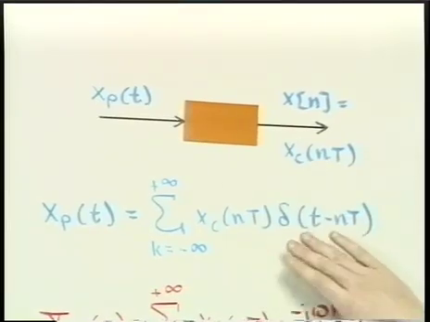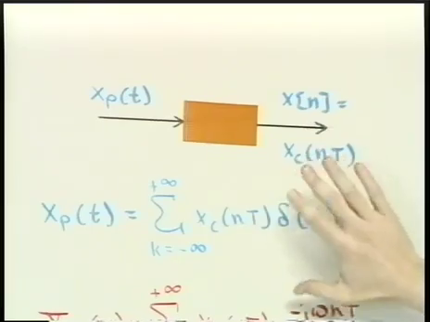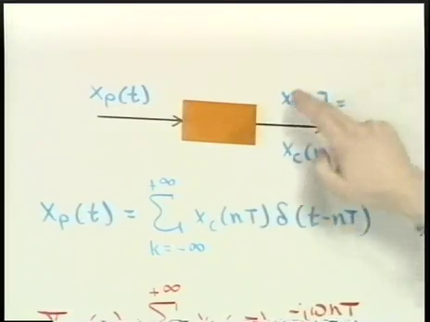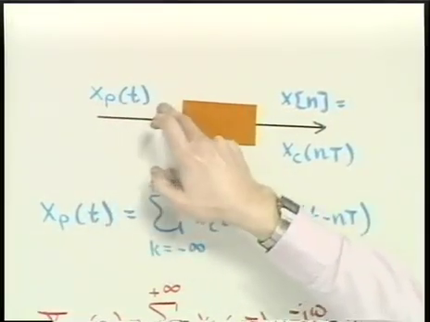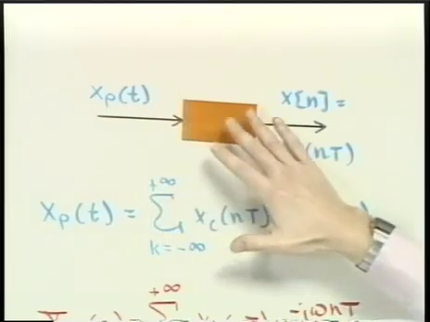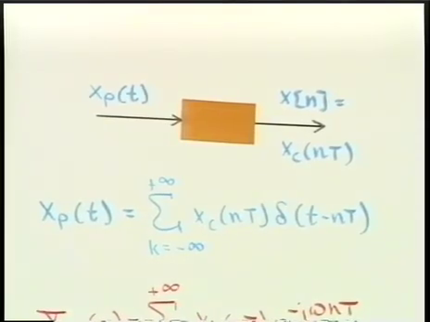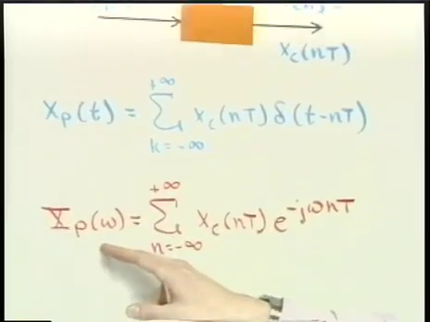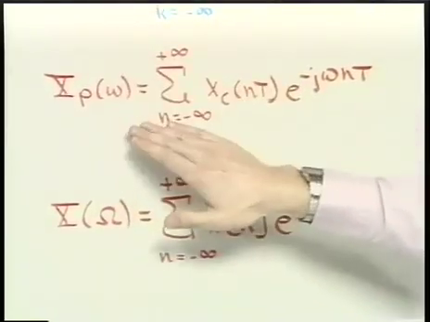And so now we can analyze this, and what we want to relate is the discrete time Fourier transform of this and the continuous time Fourier transform of this, or in fact the continuous time Fourier transform of x sub c of t. Okay, well, we have the impulse train, and its Fourier transform we can get by simply evaluating the Fourier transform.